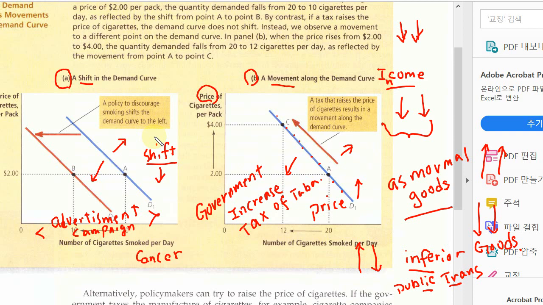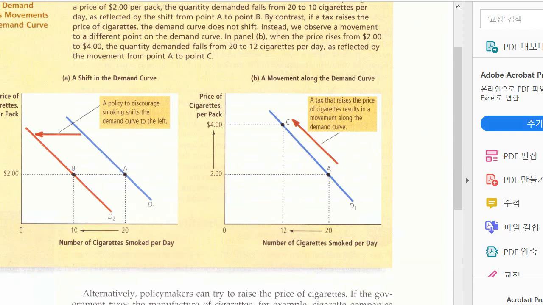Okay, then let's move to another factor which makes influence on purchase.